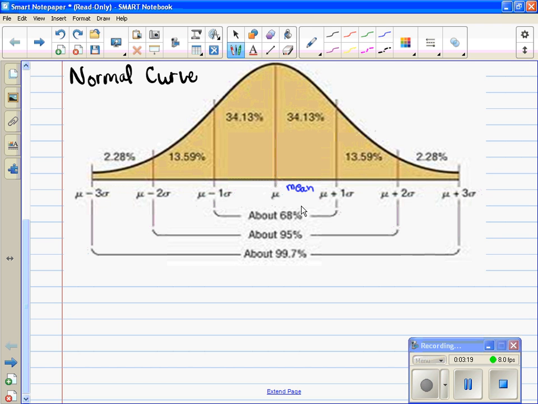Doesn't matter what you're talking about, as long as it's normally distributed. That's a sigma, right? Now, if you're within 2 standard deviations, you're talking about 95% of the population, and if you're within 3 standard deviations, you're talking about almost everybody, 99.7%.